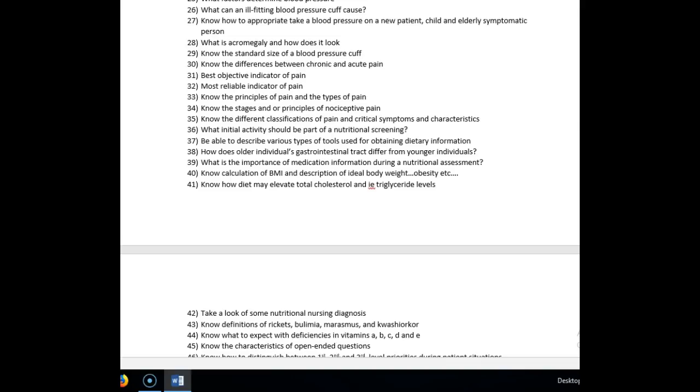You may find people who might tell you that they don't have any taste in their mouth anymore. That's important to know. You want to know when that change occurred.